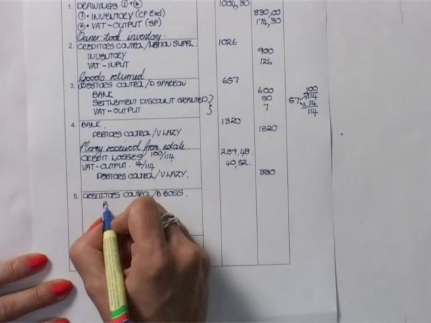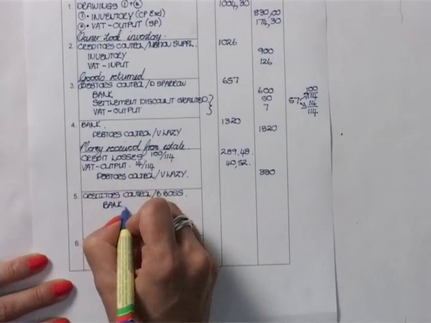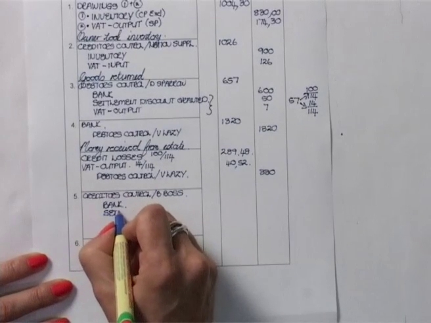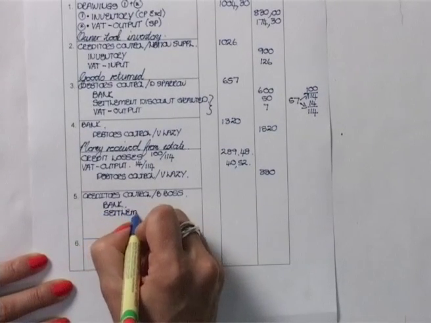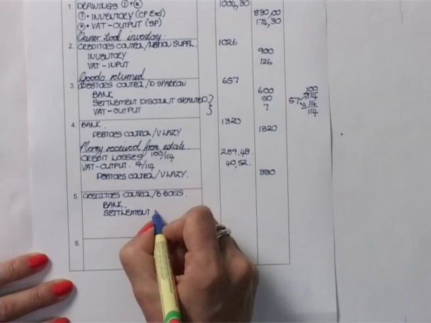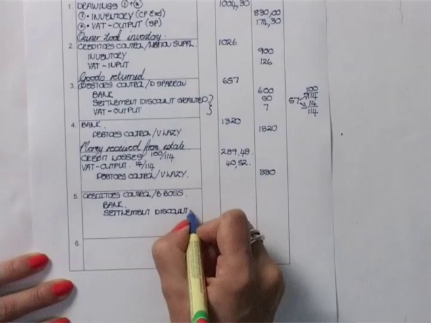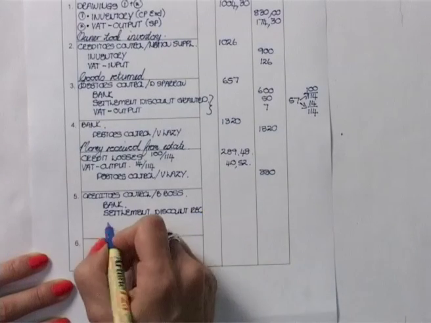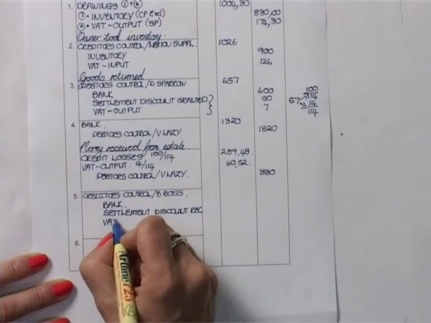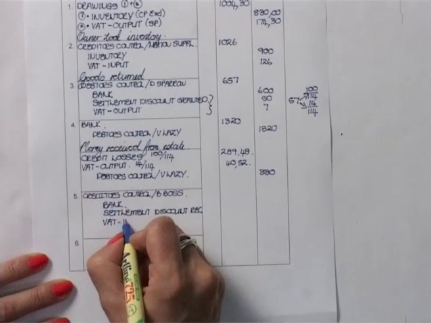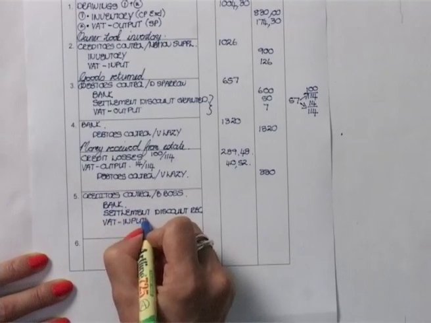I'm going to credit bank for the cash part of the transaction. Then I received settlement discount. And of course the VAT. On the settlement discount, for creditors it would have been VAT input.